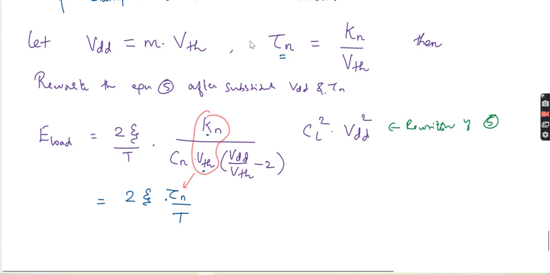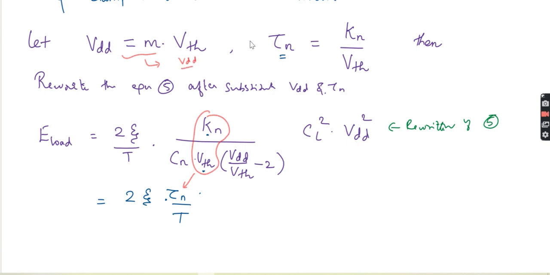Next, what will be next we have to write? Again into, so see that Vd by Vth, from this expression you can see this. From here only we can say Vdd by Vth is equal to m actually. So let us do that. So what I will get is into 1 divided by, Vdd by Vth is nothing but m.